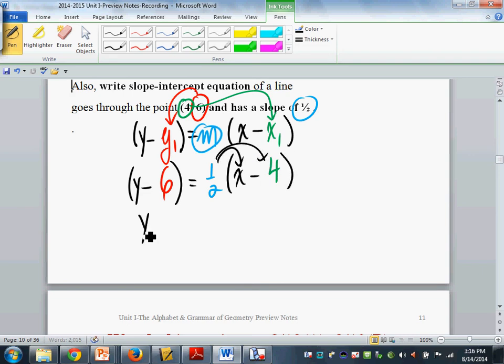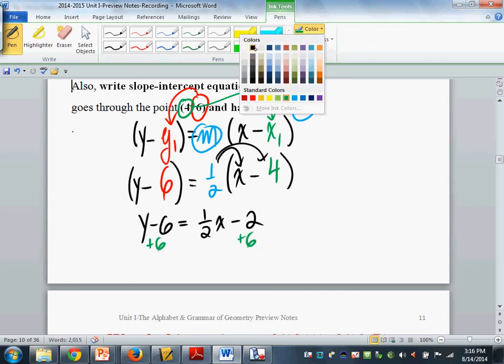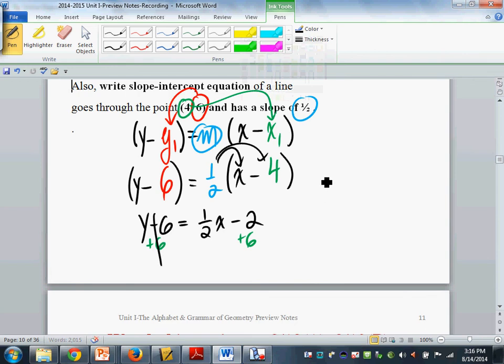We distribute. And we have y minus 6 equals 1/2 x minus 2. Half of 4 is 2. And now I'm going to add 6 to both sides. And my final answer here is y equals 1/2 x plus 4. Negative 2 plus 6 is going to be positive 4.